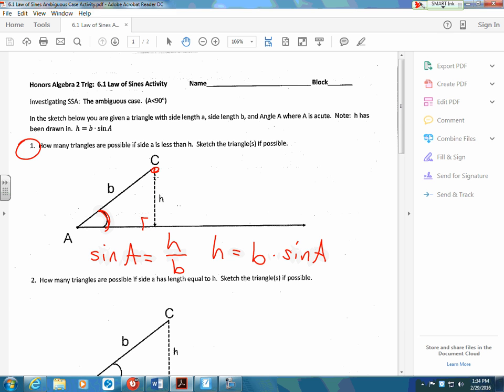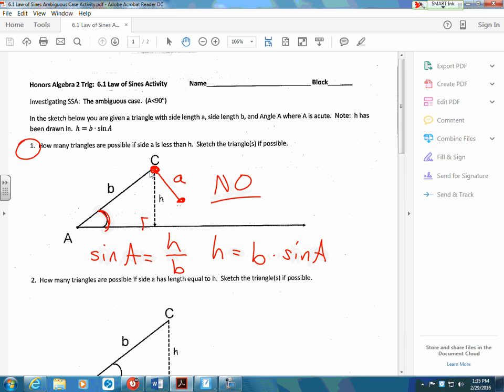So in other words, if I have side A, and I don't know how far to put it, but let's say it's about this long, it's got to be less than H, how many triangles would be possible? 0 triangles, right? This side A here is never going to reach this side of the triangle, so it's going to be no triangles possible. Sketch the triangle if possible, but it's not possible. Are we understanding this?